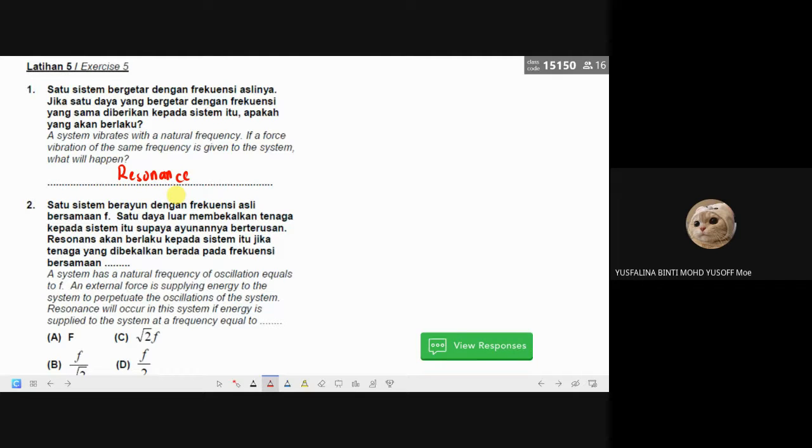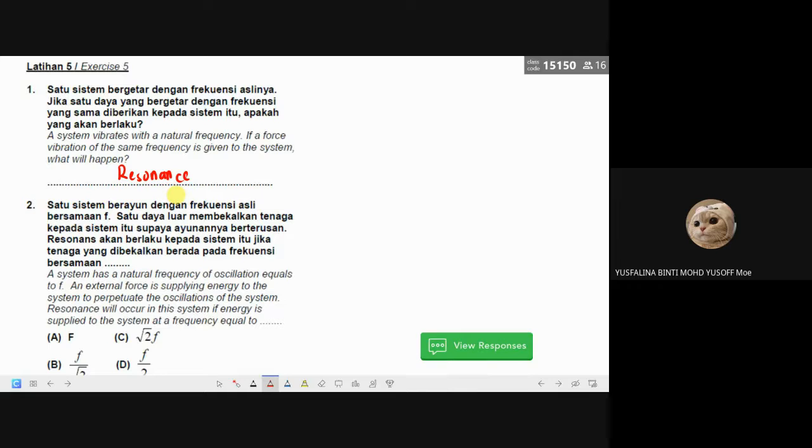Just like the pendulum just now, you give a force to pendulum C, and then pendulum D will also keep oscillating, because you give the energy with the same frequency to pendulum D. That is actually resonance.